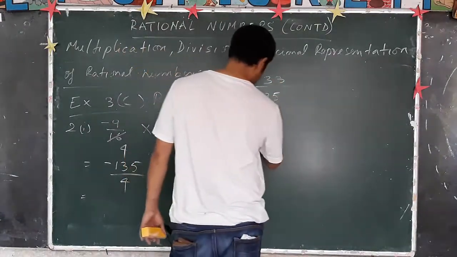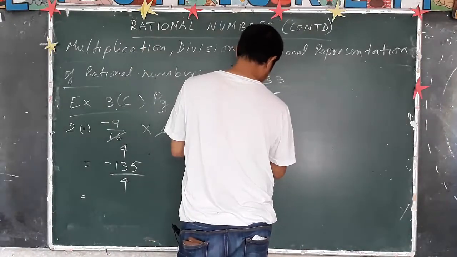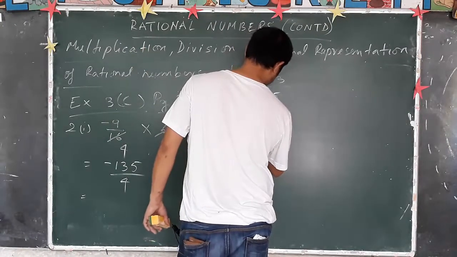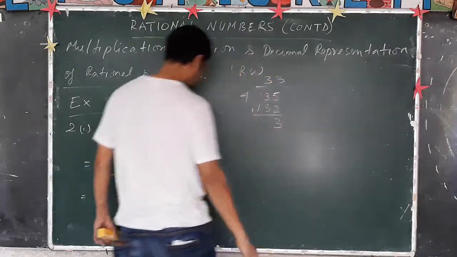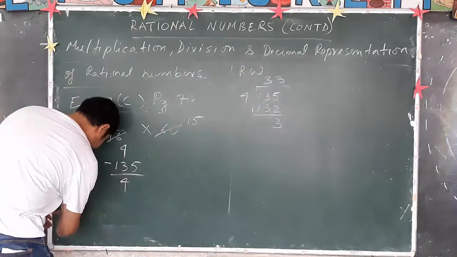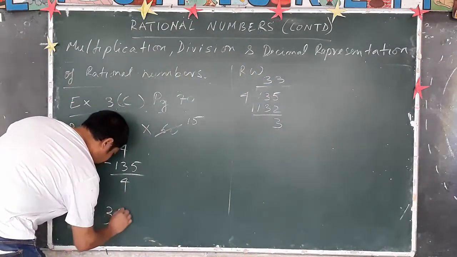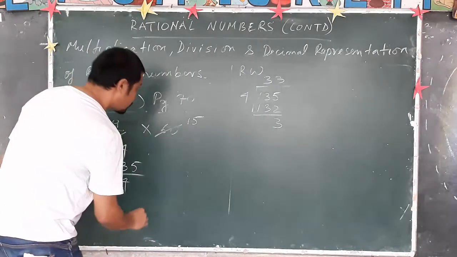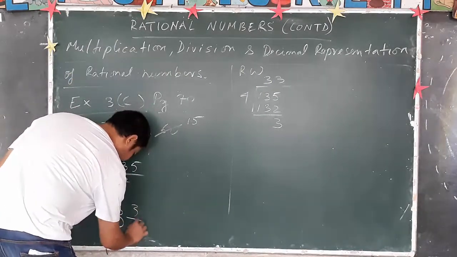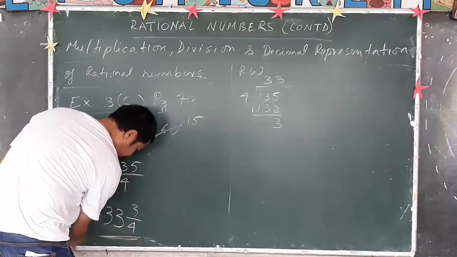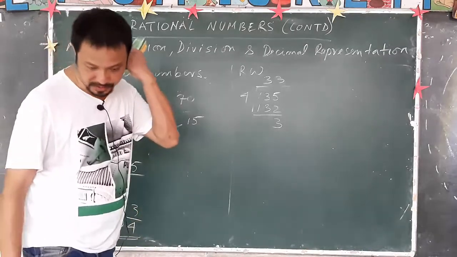Yeah, 132, remainder is 3. So your answer will be 33 whole 3 upon 4, minus 33 3 upon 4.